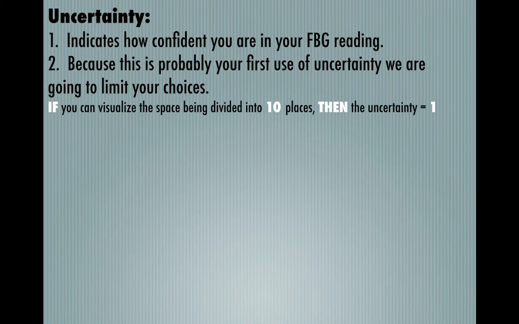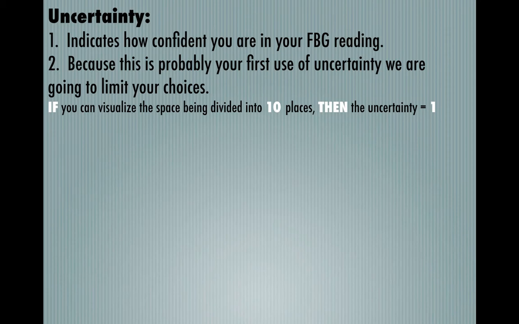I mean, there wouldn't be a line, but you could visualize a line for 0.7 or 0.8, which is what we did earlier. So your uncertainty is going to be the number 1. Now, in terms of the units that go on that and what place value it goes in, that depends on the instrument, and we'll come back to that, okay? But if you have two adjacent tick marks and they're far enough apart that you could visualize 10 spaces in there, then your uncertainty is going to be a 1.